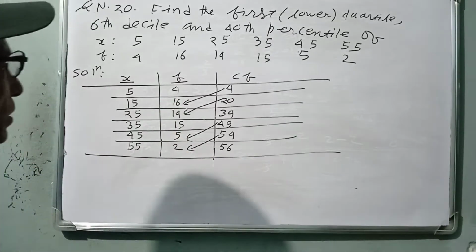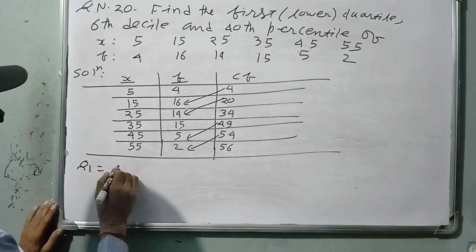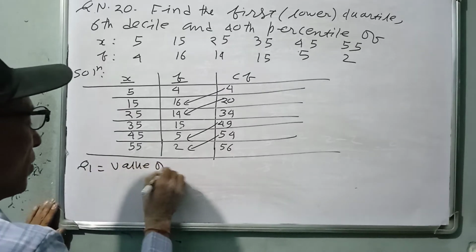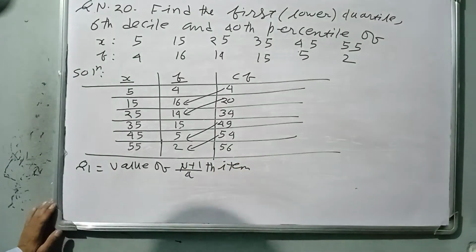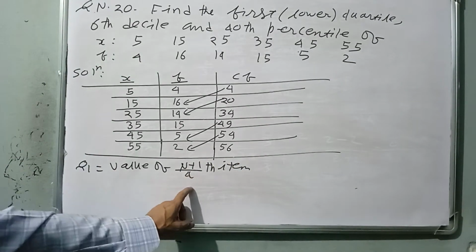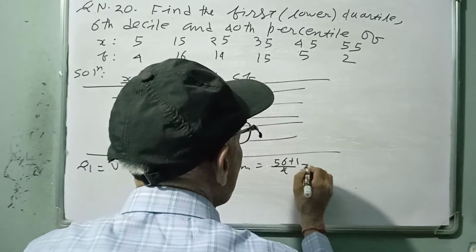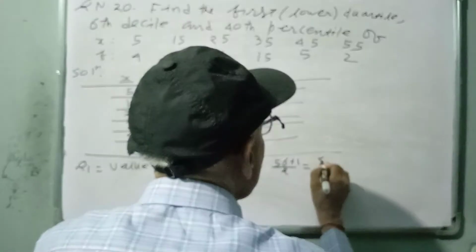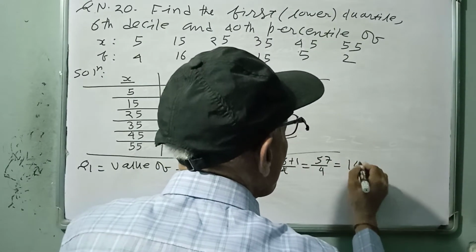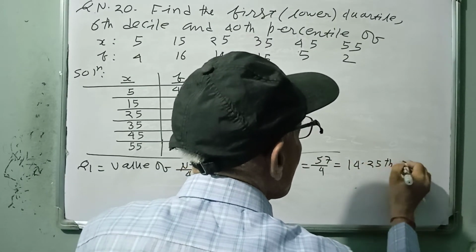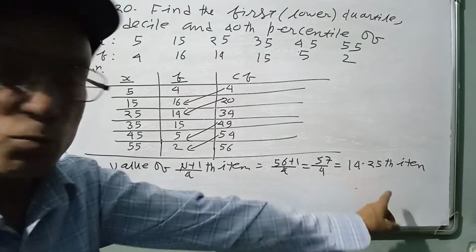Total is 56. We have to find the first quartile, means Q1. What is the formula? Value of (n plus 1) by 4th item. N is 56, plus 1, 57 by 4. Divide: 14.25th item.